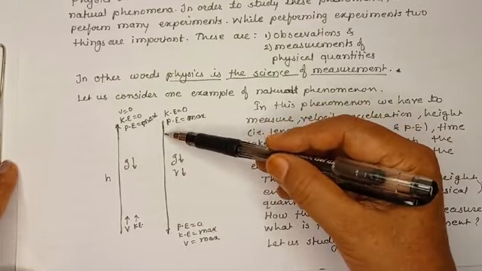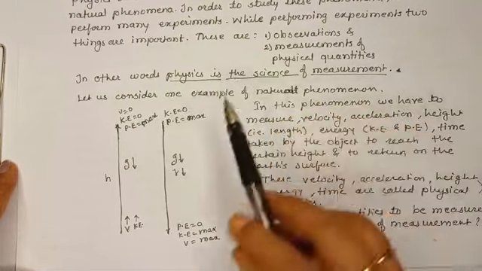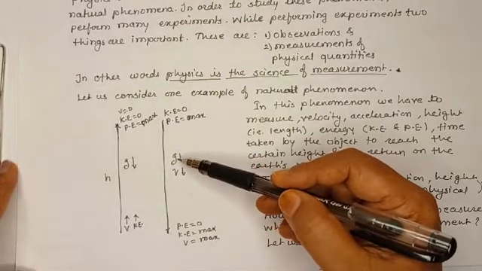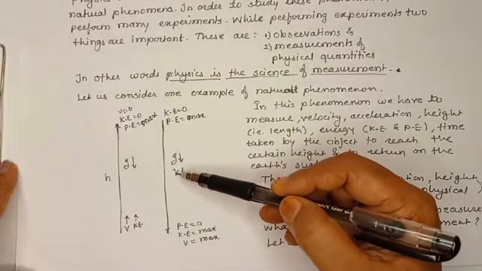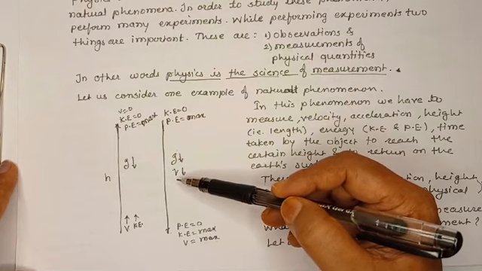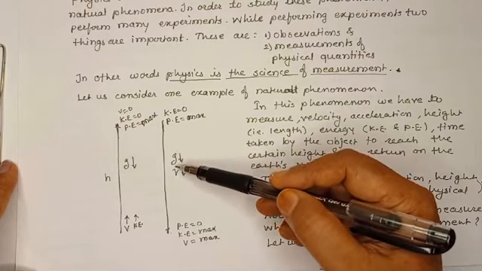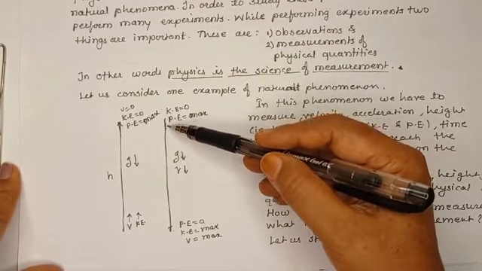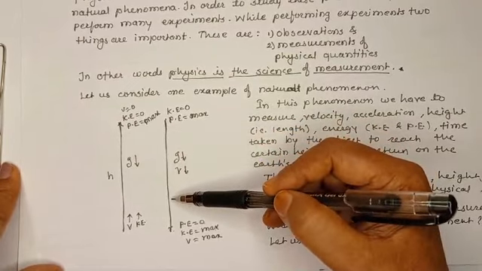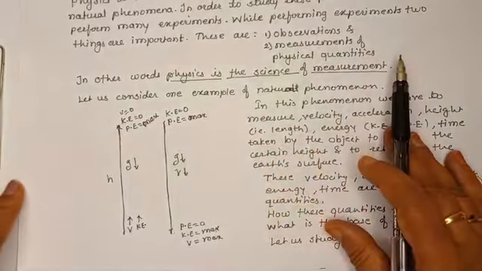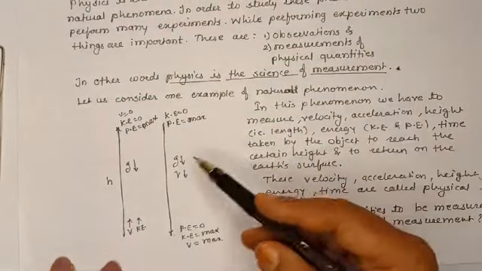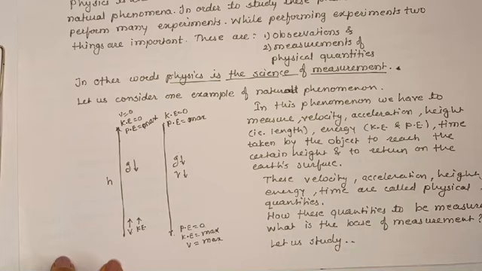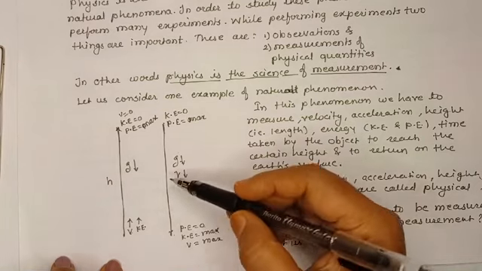During its motion in the downward direction, its velocity goes on increasing because acceleration due to gravity and velocity both are in the same direction. Therefore, gravitational acceleration assists the velocity and velocity of the object goes on increasing. Therefore, its kinetic energy also goes on increasing, but potential energy goes on decreasing because distance from the Earth's surface goes on decreasing.